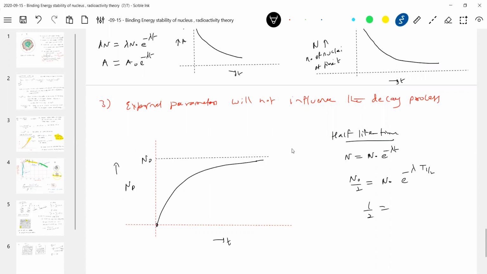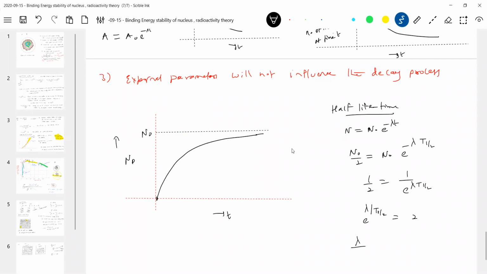So this will become 1 by 2, so e to the power of lambda t half is equal to 2. Taking log on both sides, it will be log 2. So t half equals log 2 by lambda. That is the time taken for the number to become half of the initial value.